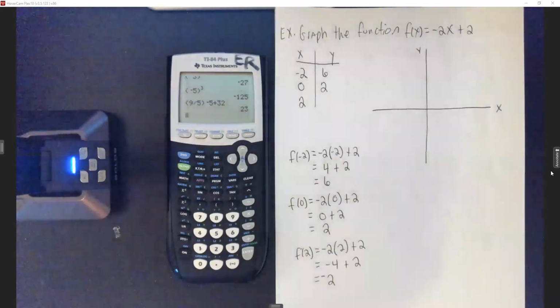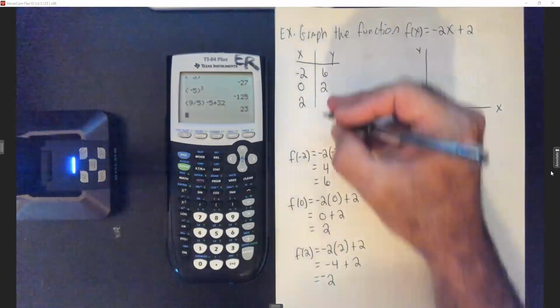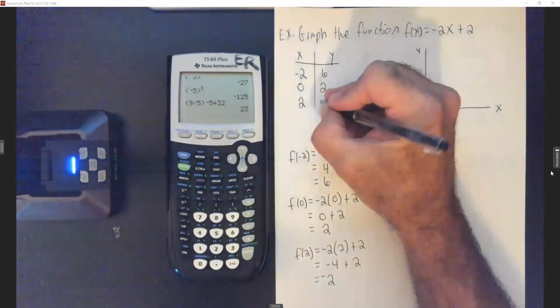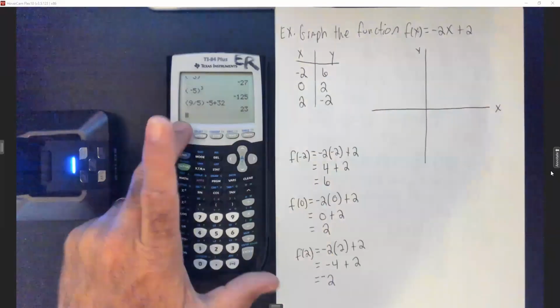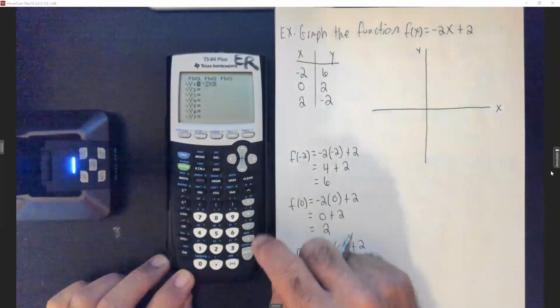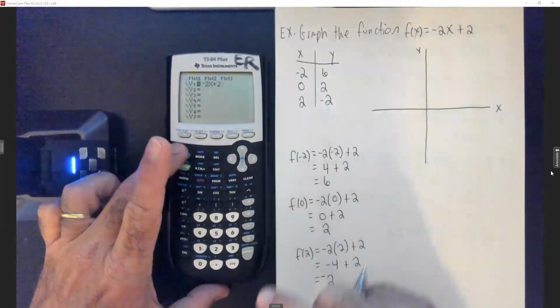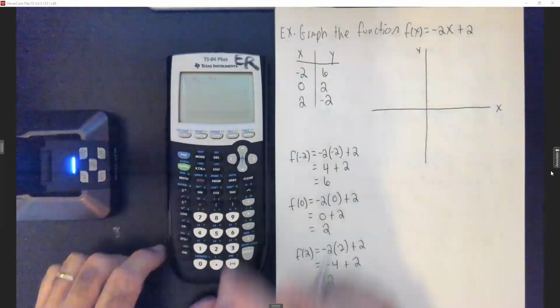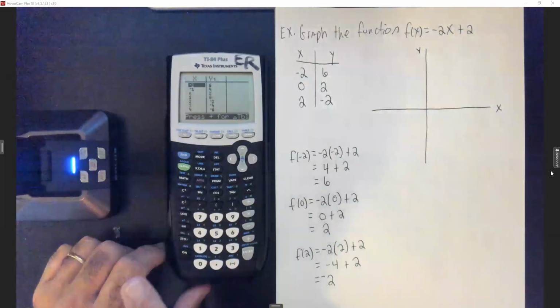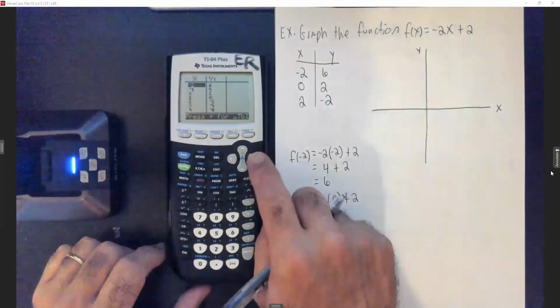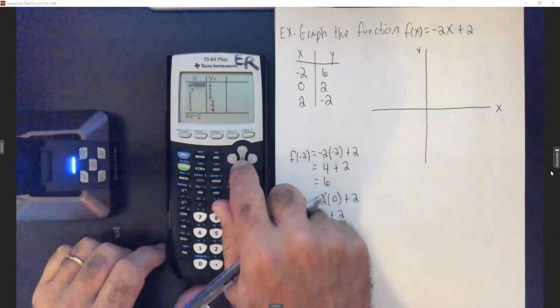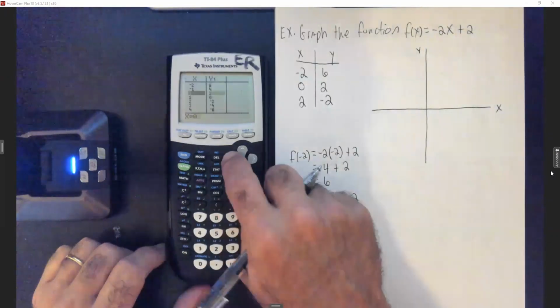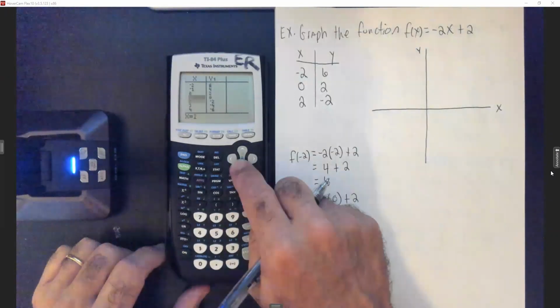So my last y value would be a negative 2. But y'all remember, you could have went to y equals and put that in, negative 2x plus 2. And when you went to the table at negative 2, there's my 6. And then if you look down here at 0, there's my 2. And then down here at 2, there's my negative 2.